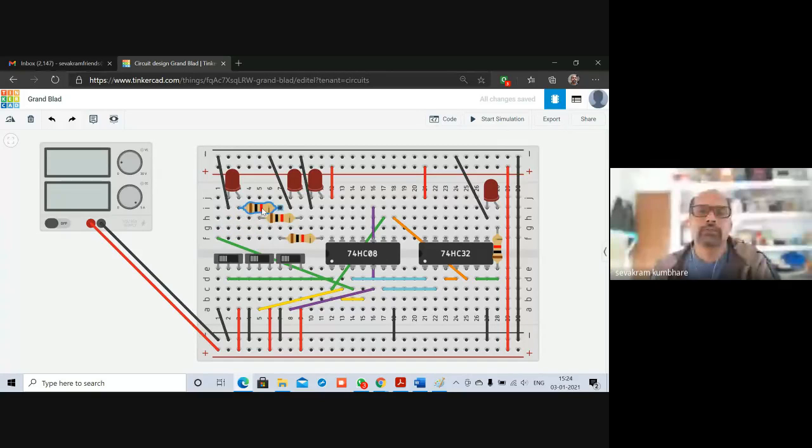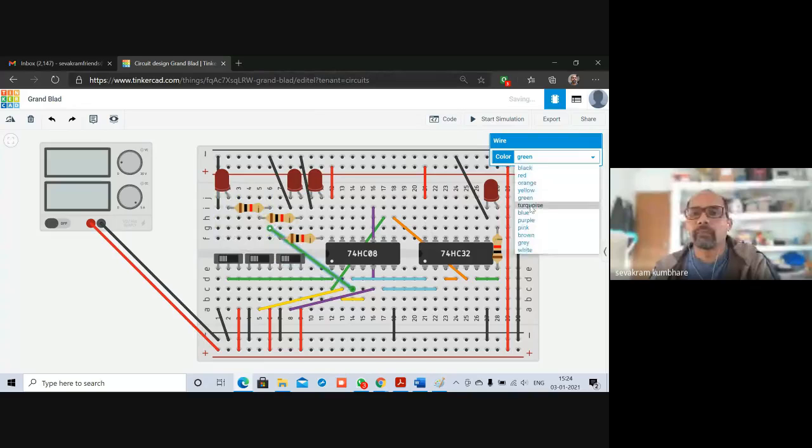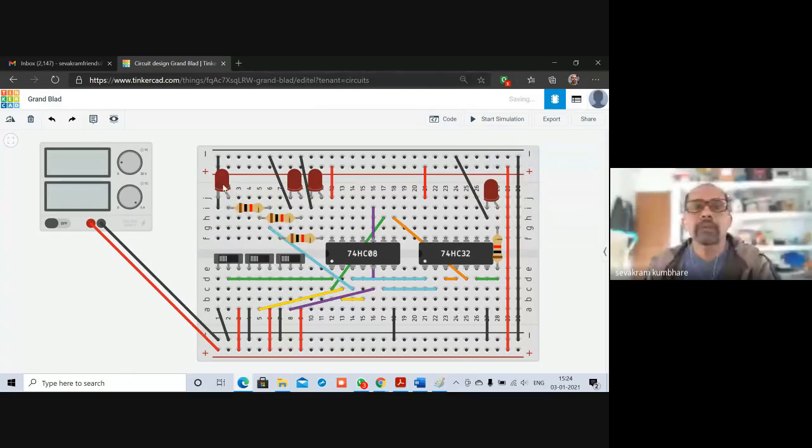Getting short of space. Okay, this will be better. So this is your AB output.